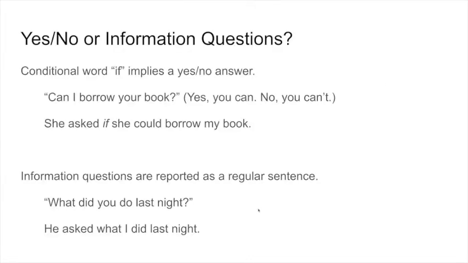Okay, so now we have two types of questions, real big general types of questions. We have yes or no questions, or we have information questions.